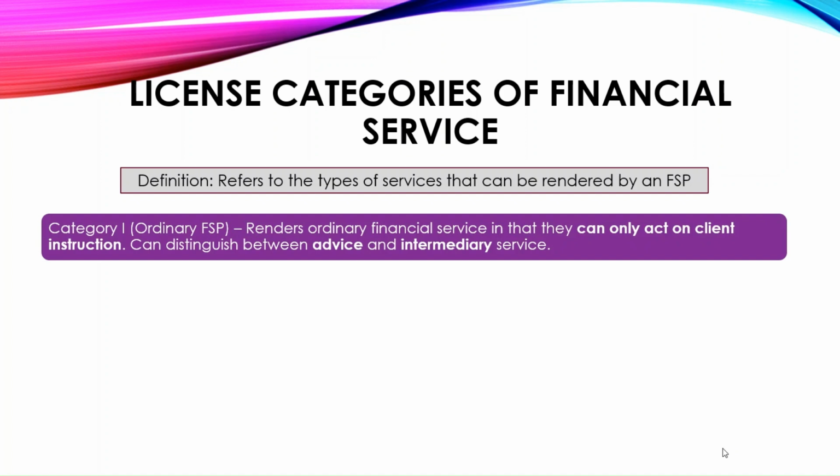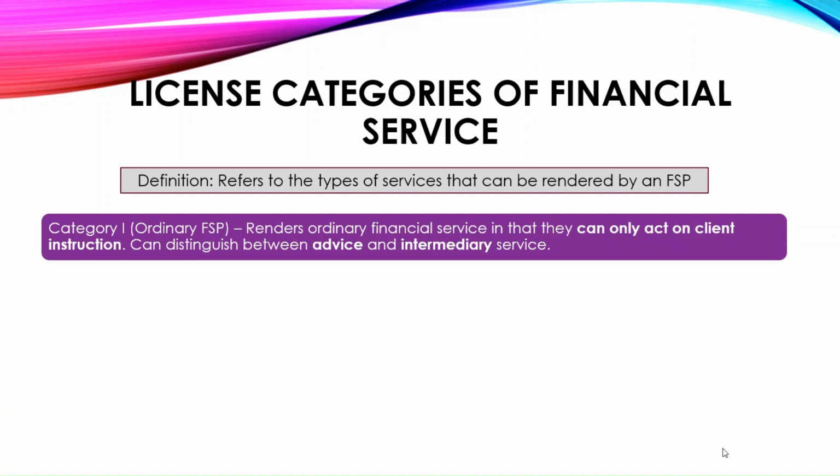So that means that the FSP can only act on the client's instruction. They can't act on behalf of the client. So two main things to remember: can render advice and an intermediary service, and secondly, can only act on client instruction.